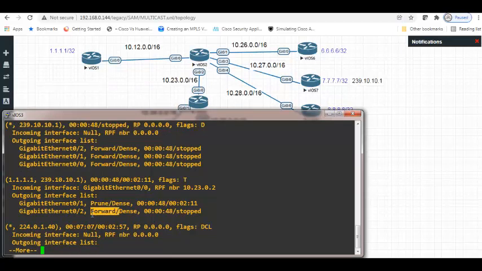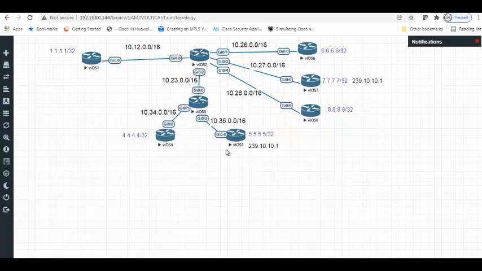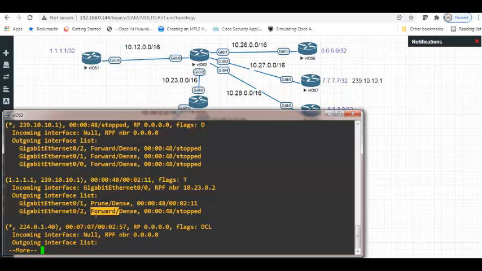But router 5 was interested in the traffic. So router 3 kept on forwarding it to router 5. Whereas to router 4, it just forwarded once, and router 4 didn't show interest. So on G0/1, it has pruned.